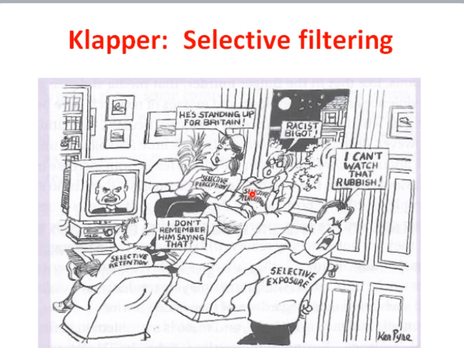Selective perception means that people will filter and interpret media output so that they only see or hear that which fits in with their own pre-existing views and interests. And selective retention means that people will ignore or forget media output that is not in line with their own views and interests.